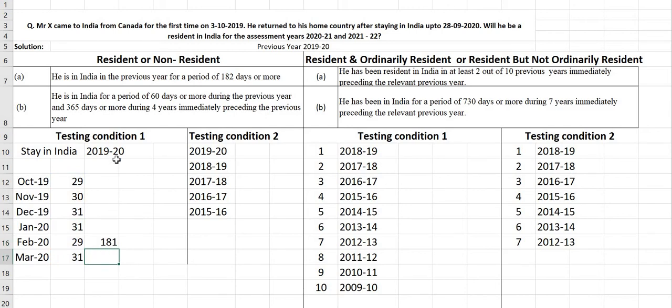And before 2019, he didn't come to India. So in the previous year, the total days for which he was in India was 181, which means he is not able to satisfy the first basic condition. If we look at the second basic condition, in 2019-20 he was in India for 181 days, but before that he didn't come to India, so he was in India for 0 days.